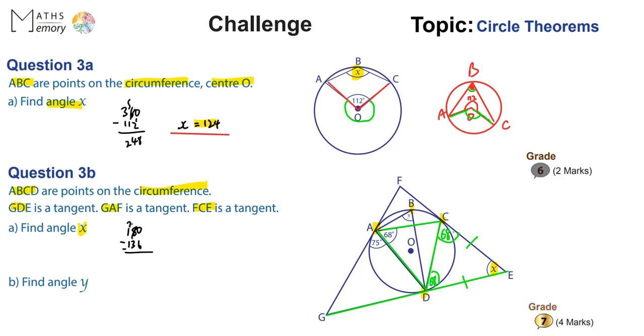So 44 is the answer. X would be 44 degrees from that alternate segment theorem understanding. Not as easy as it seems, but again, the trick is to appreciate the third alternate segment theorem angle, which we discovered is the 68 over here.